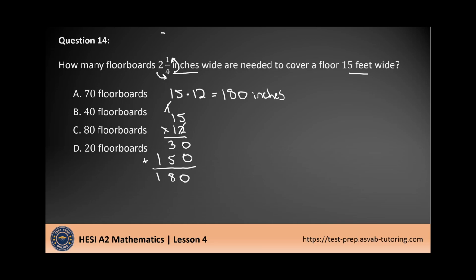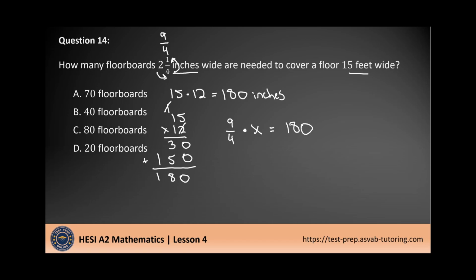So 2 1/4 equals 9/4. So we know that these boards are 9/4 of an inch wide, and we want to know how many of these we need to cover an entire floor, which is 180 inches.